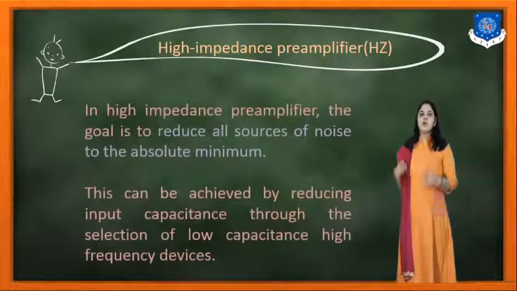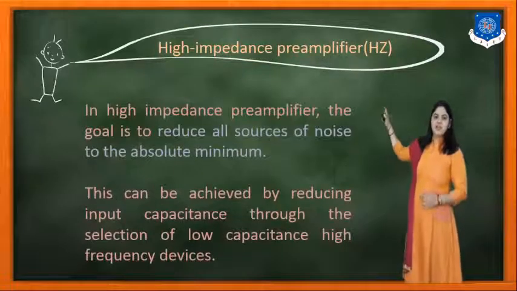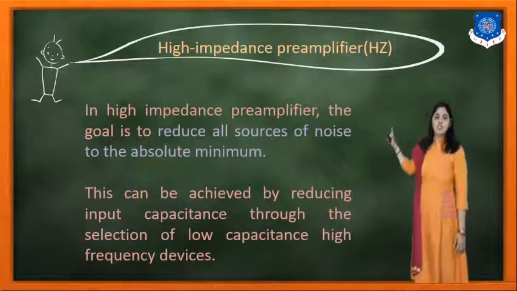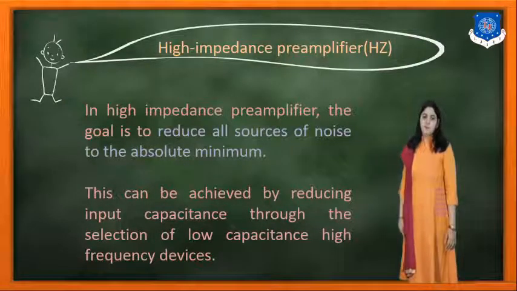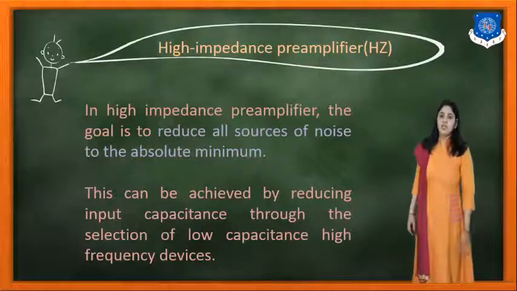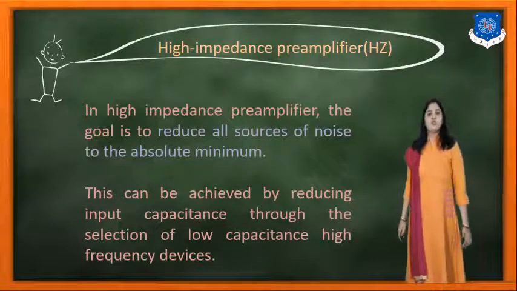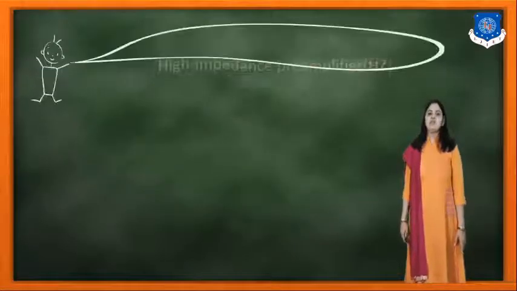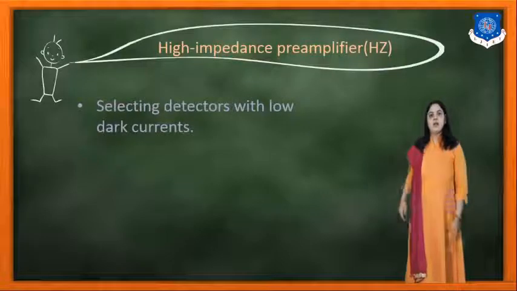In a high impedance preamplifier, the goal is to reduce all sources of noise to the absolute minimum, and this can be achieved by reducing the input capacitance through the selection of low capacitance and high frequency devices.